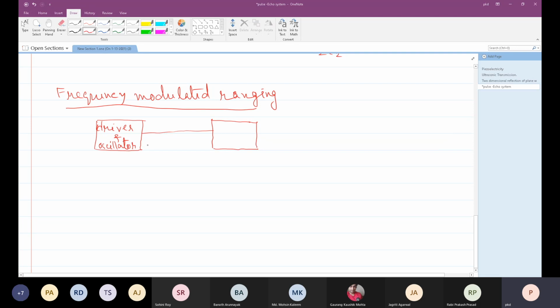So this is the driver and oscillator circuit, and then we will have the crystal, and the rest is of course the same. The medium is there.